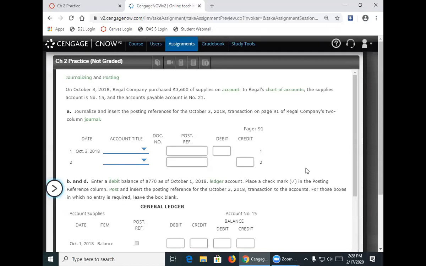Okay, so there's our expanded accounting equation with all the debits and credits, increases and decreases.